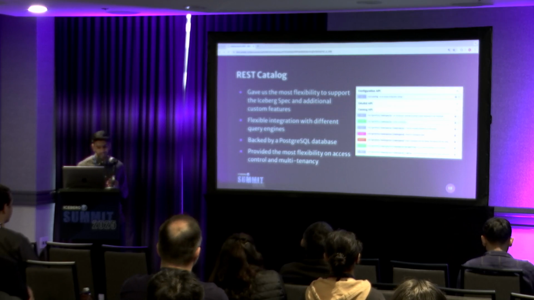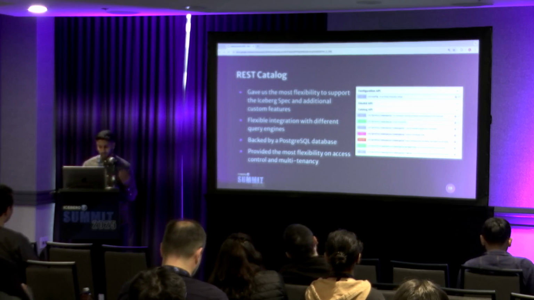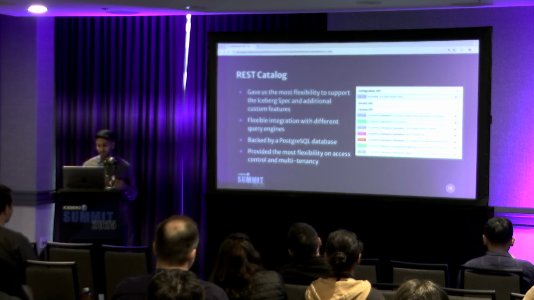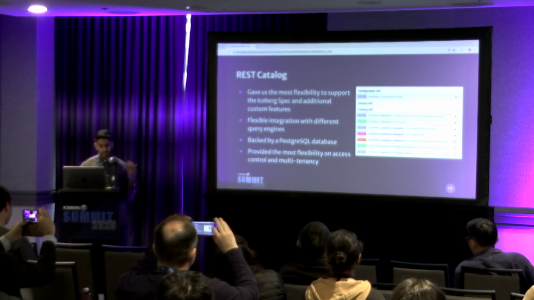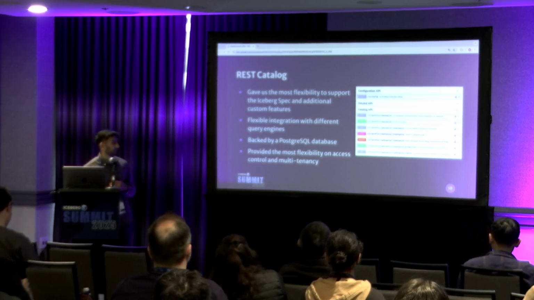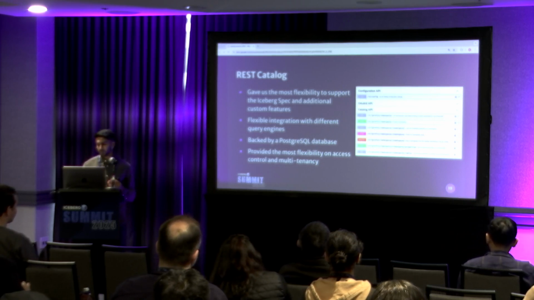So ultimately, we decided to use the REST catalog. When we first started this, there were a lot more open questions, but now it seems like more people are deciding to leverage the REST catalog. And that makes a lot of sense, because what we found at the time is it was able to support not just our short-term goals, but also our long-term goals.